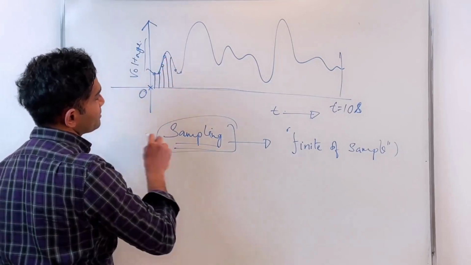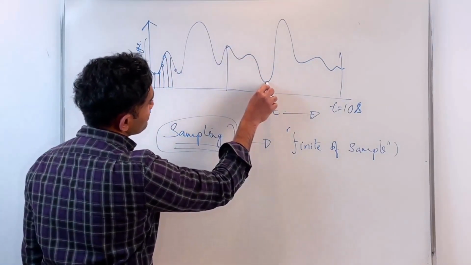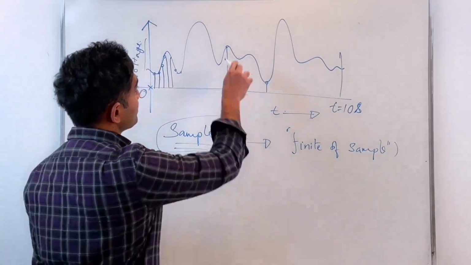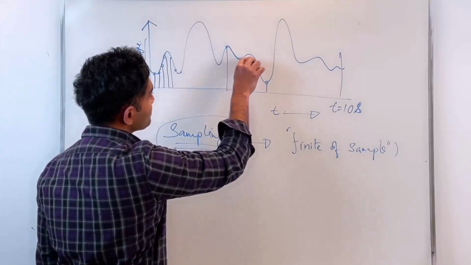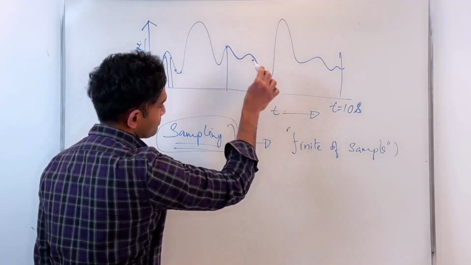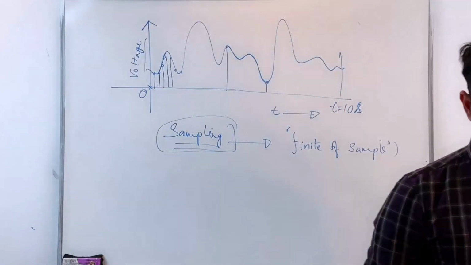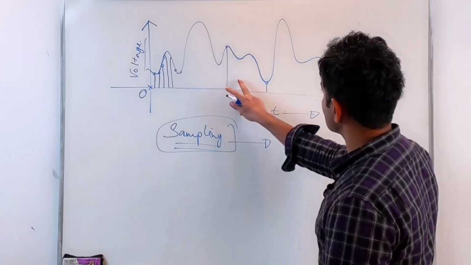If I take one point here, let's say, and another point here, that's not the right way to sample it, right? Because between these 2 points, I have all of these variations in my signal, and I'm going to lose all that signal content. So obviously, this is not the right sampling.